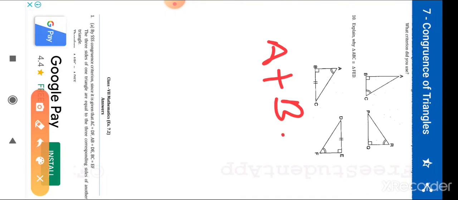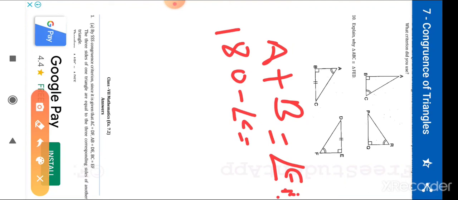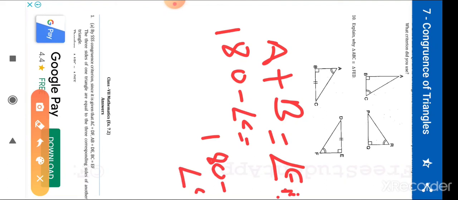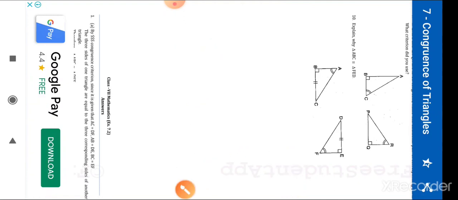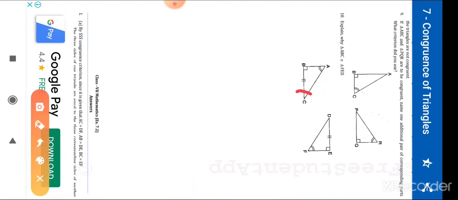Angle A plus B is equal to angle E plus angle F, and the value of angle A plus B is 180 minus angle C, and angle E plus angle F is equal to 180 minus angle D. Now here 180 and 180 will cancel out, so we have angle C is equal to angle D. If angle C and angle D are equal, and it is given in the question that angle B and angle E are 90 degrees and the side included between them, it means side BC is equal to side DE, then these two triangles are congruent under ASA criteria.